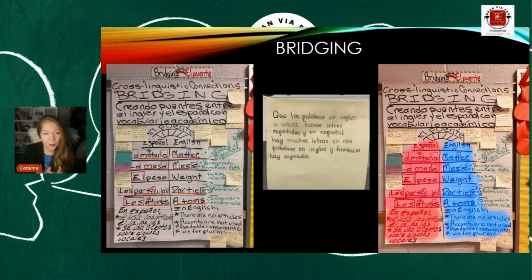Going back to bridging, we're identifying cross-linguistic connections, right? We're identifying areas where both languages converge and there is a commonality between both languages. And why do we do this? So that students, and so bilingual learners, can identify high-level academic vocabulary and learn to leverage that, right?